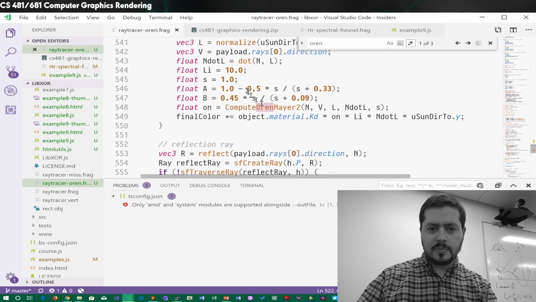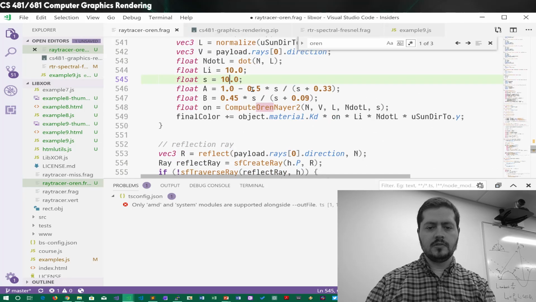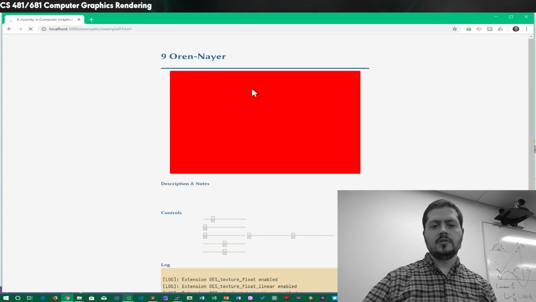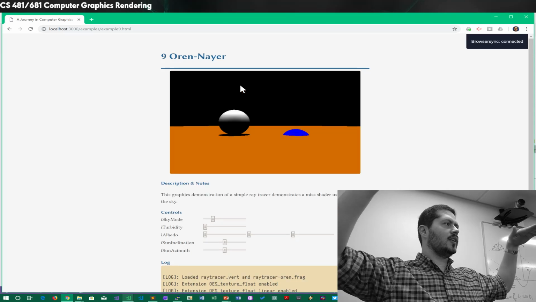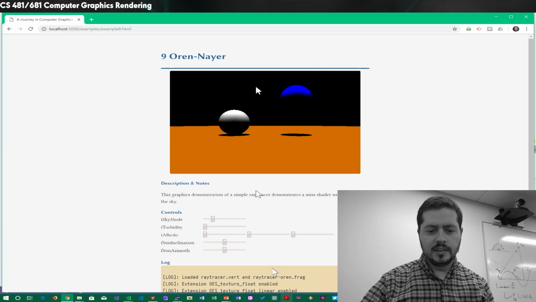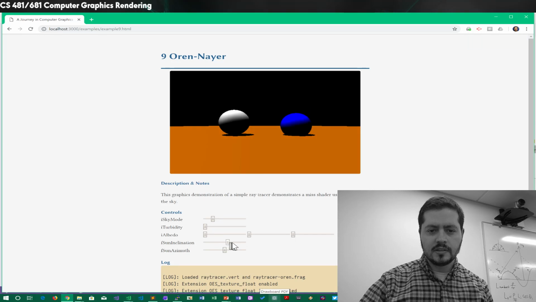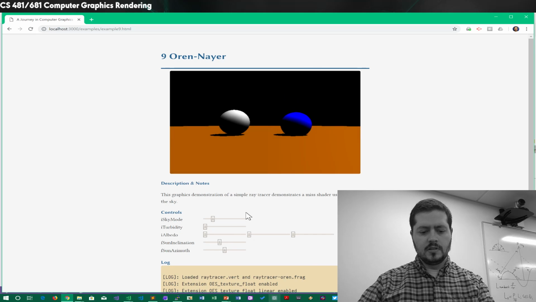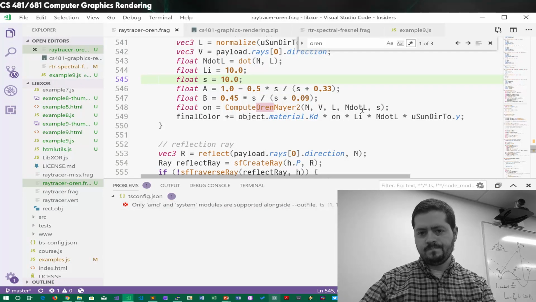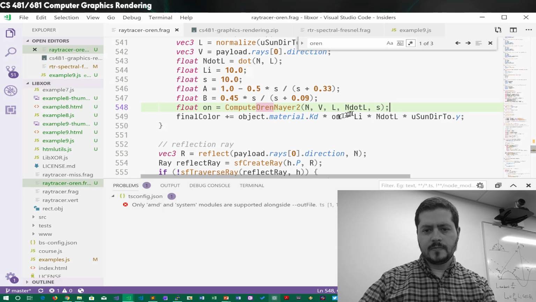So if we increase the intensity, that sigma basically says how rough our surface is. I'm trying to see if I can tell the difference.